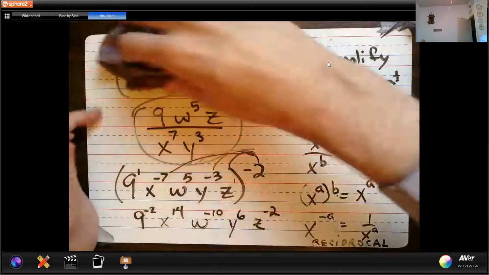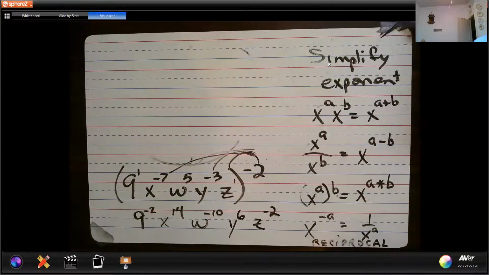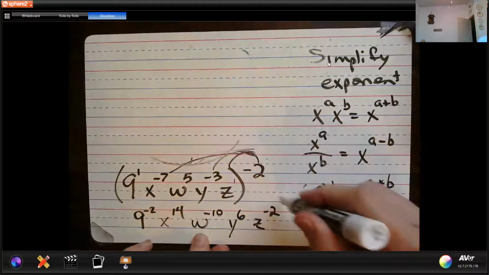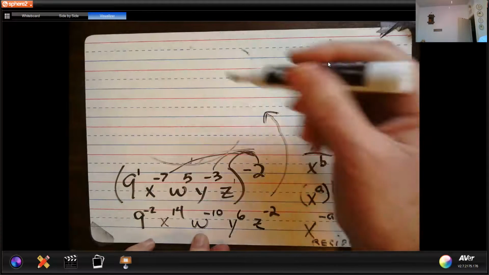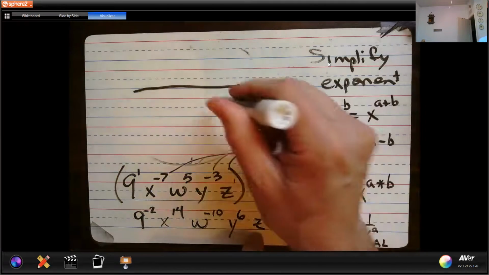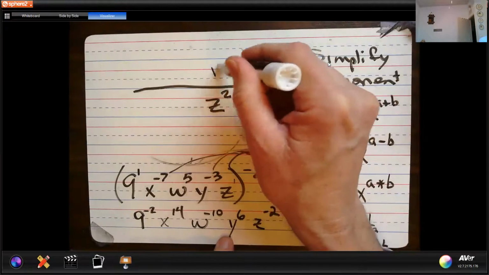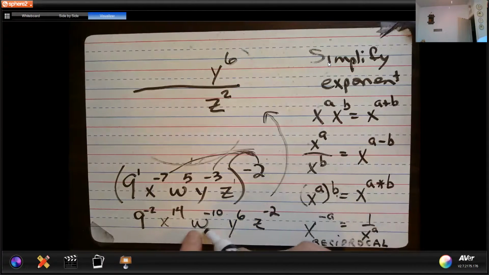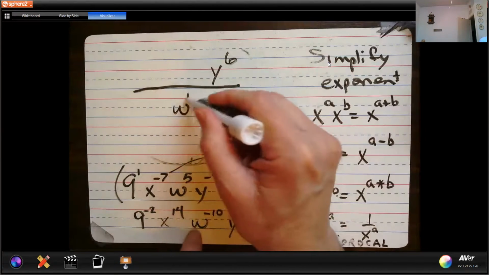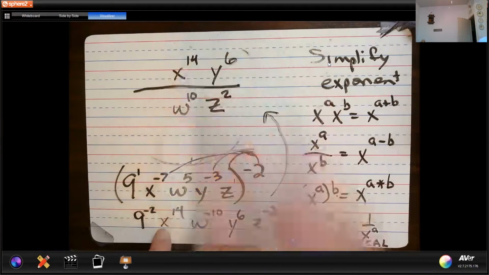Am I done? Not yet, I'm not done. I have to make reciprocals where they belong, right? So that means, let's move this up here. That means that I have a fraction, z squared is in the bottom, but y to the 6 is in the top. w to the 10 is in the bottom, but x to the 14 is in the top.